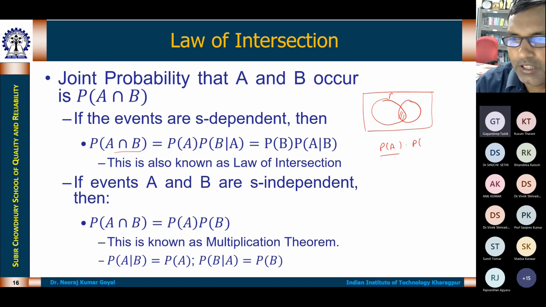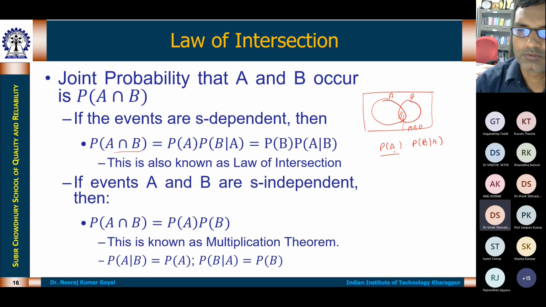So let us say this is A, this is B, and this is A intersection B. If A has happened, then this turned out to be B given A. So probability of A multiplied with probability of B given A has happened will give you the probability of A intersection B. Or we can say the reverse, probability of B multiplied with probability of A given B has already happened. Both will be the same, both will be giving the intersection.